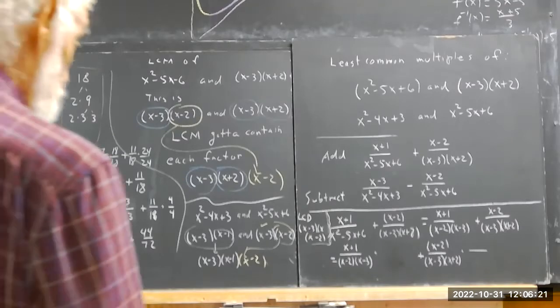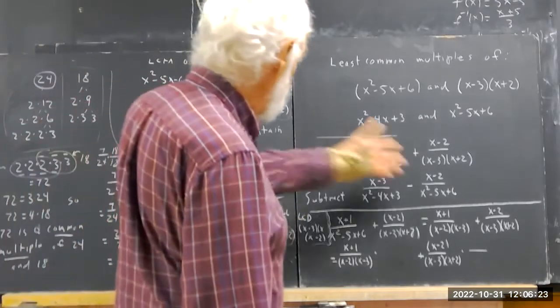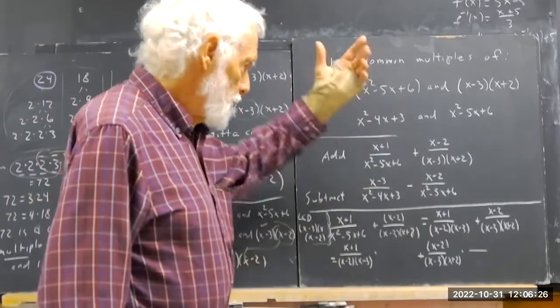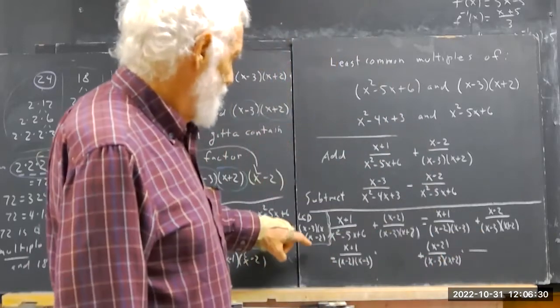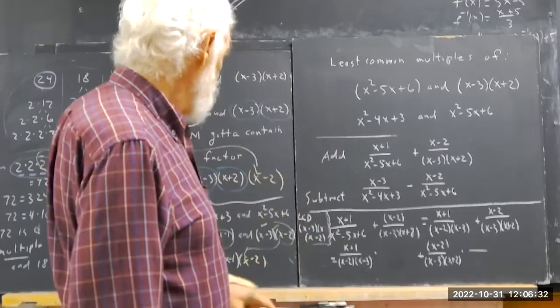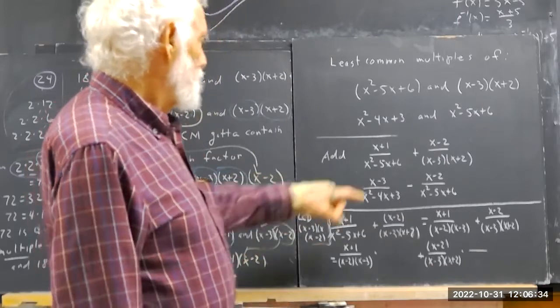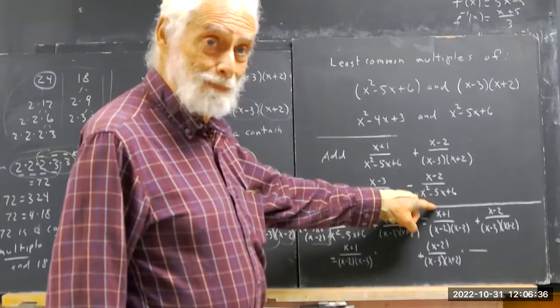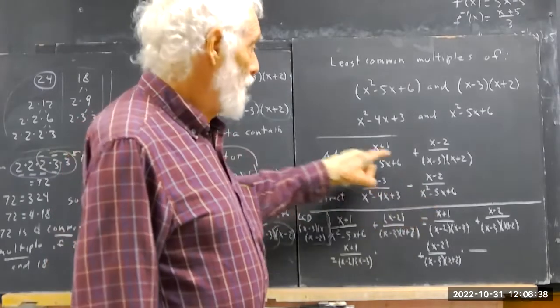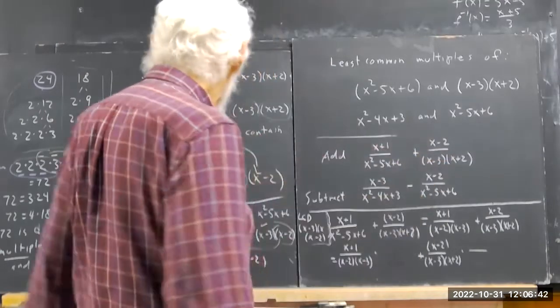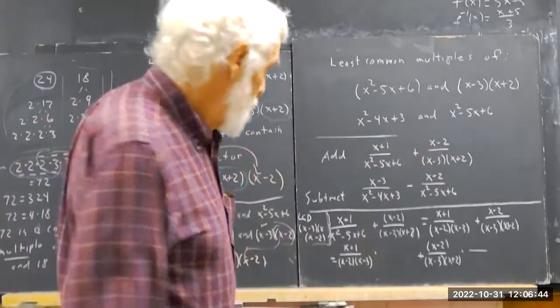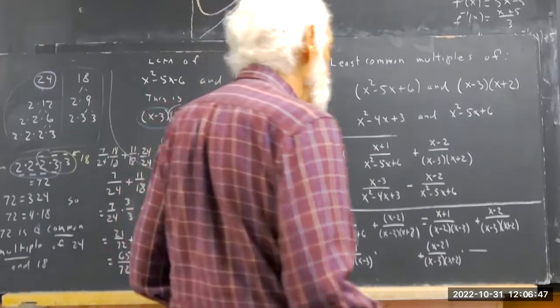Okay, I really apologize because I caught this out of my eye or something like that. I wrote down the least common denominator of this and this, when I'm doing this and this. So, big apology.